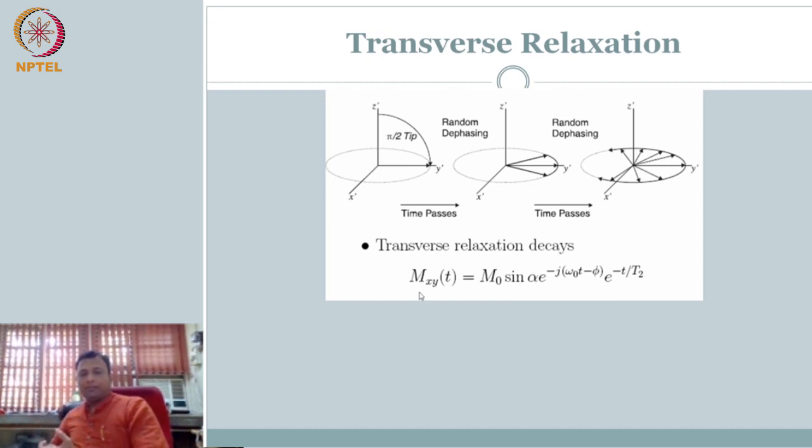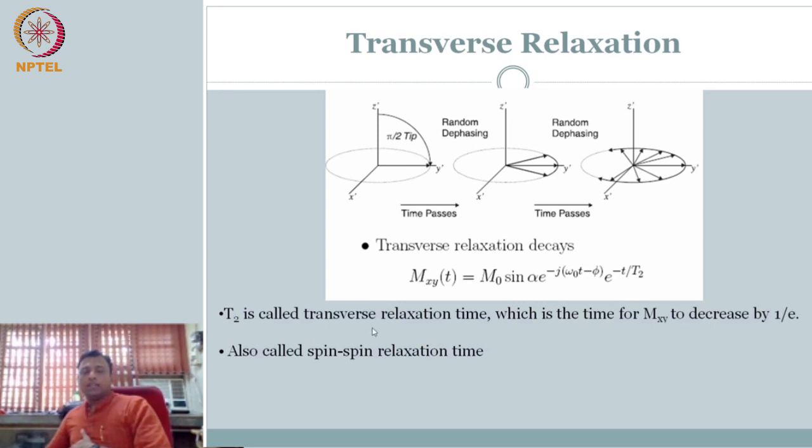So if we add this to the Mxy from before, this is a practical process. You don't just keep Mxy forever. There is going to be a decay, and the decay in this case is modeled as an exponential decay with time constant T2. That is, T2 describes how fast it dephases, or how fast the signal is lost in the exponential model.